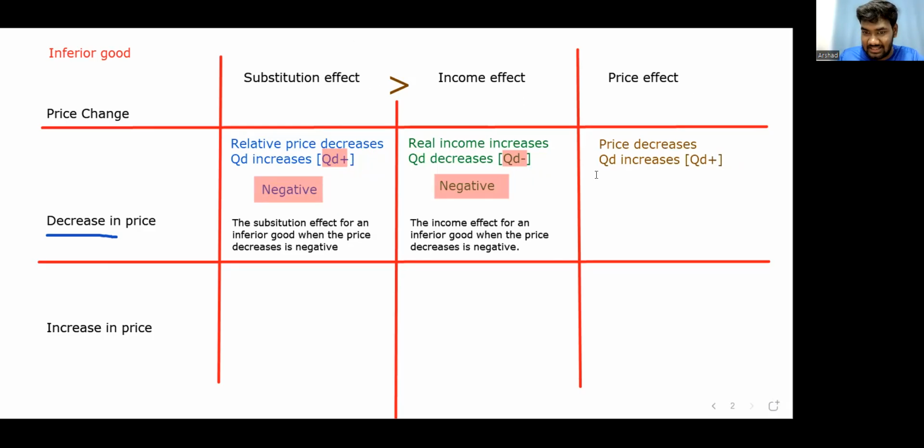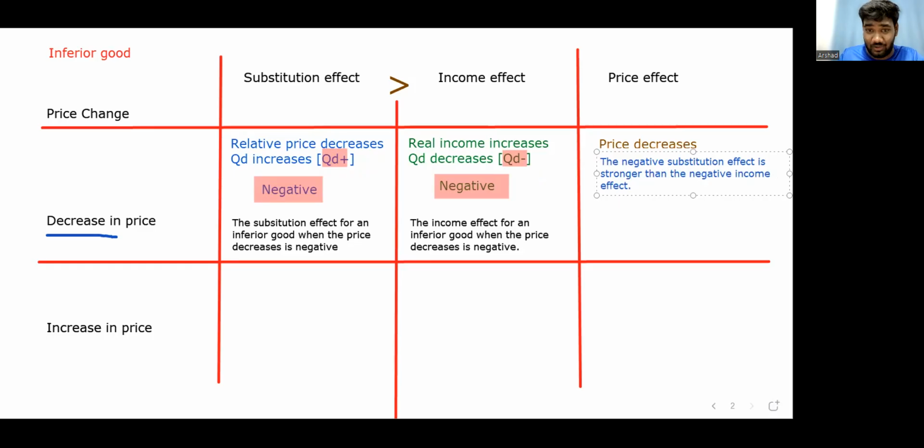So I'll just make a small note over here, right? The negative substitution effect is stronger than the negative income effect. If you think it makes it easier to understand, guys, put numbers.